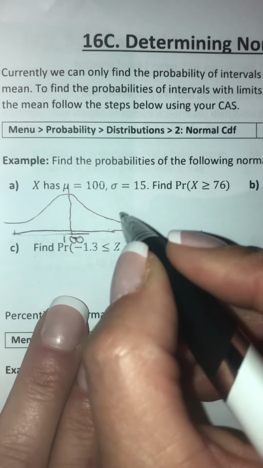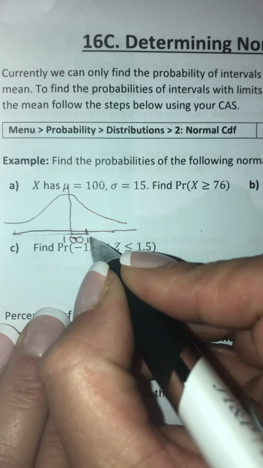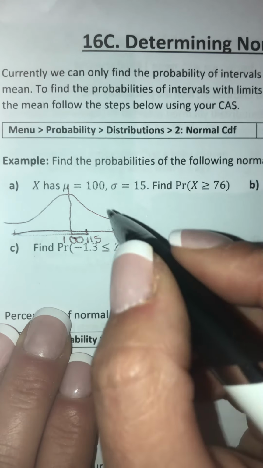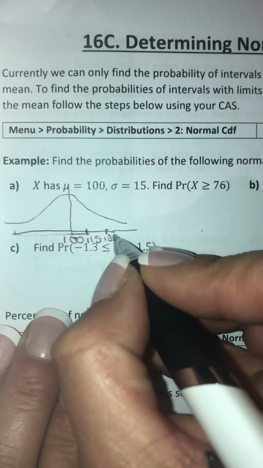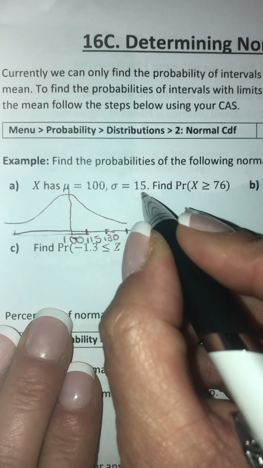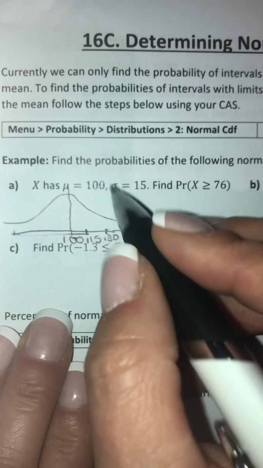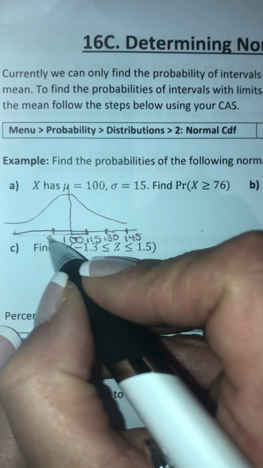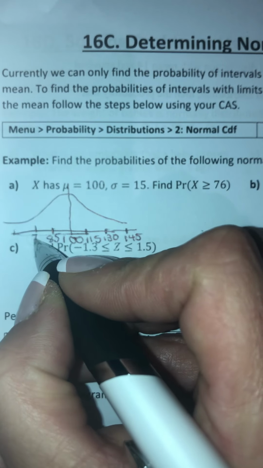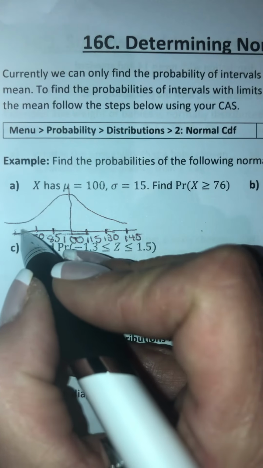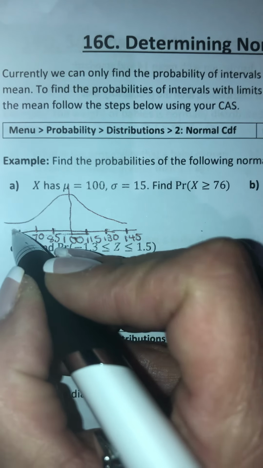Now, if our standard deviation is 15, that means 1 up is going to be 115. 2 up is going to be 130. And 3 up, because I'm adding a 15 every time, is 145. Okay, and going down the other way, we have 85, because I'm taking off 15. 2 standard deviations will be 70, and then 3 standard deviations will be 55.